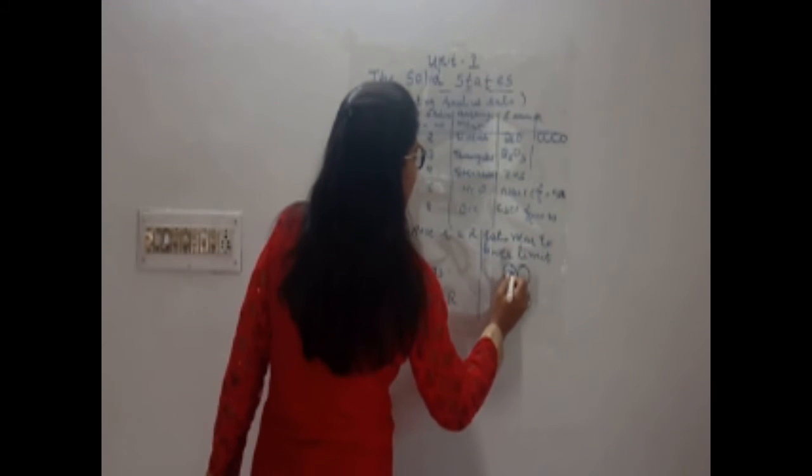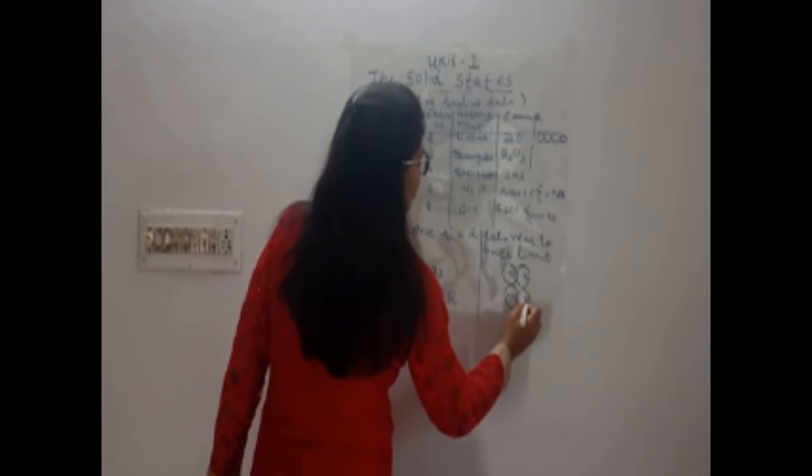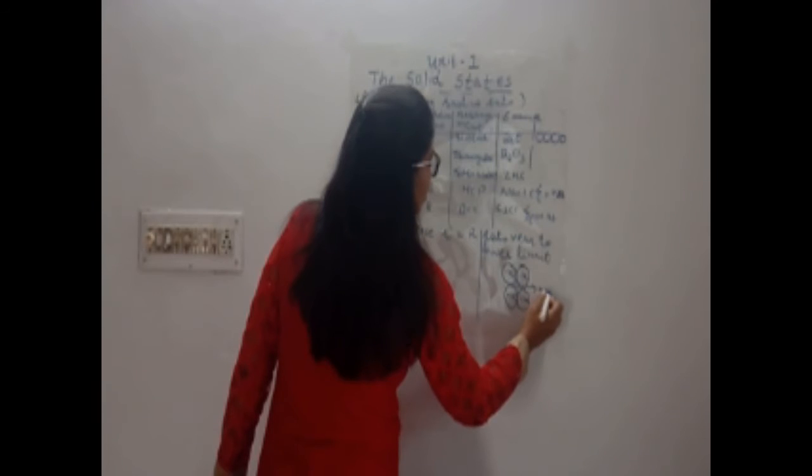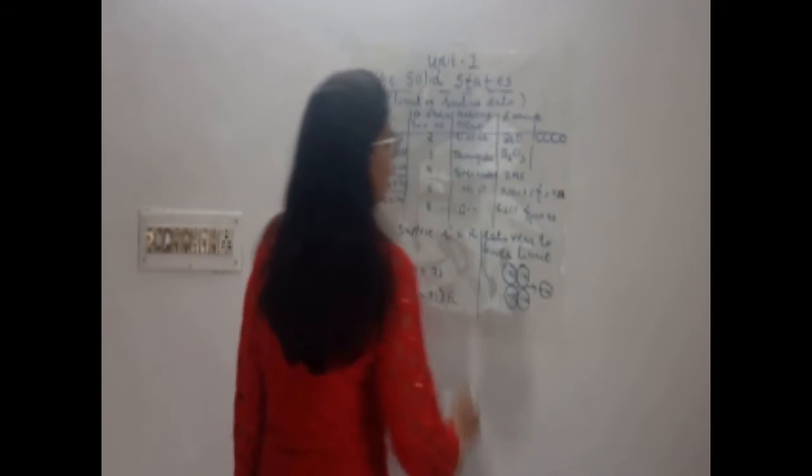This all are negative ions, and in the void the positive lattice is situated.